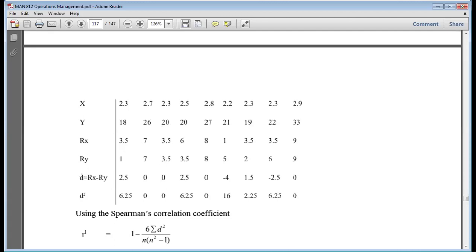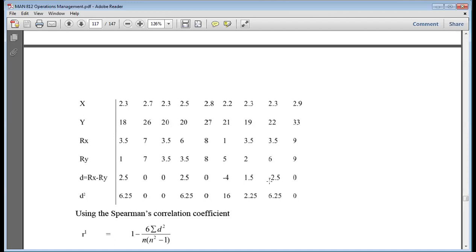The next thing you now do is the d, which is the difference of rank X and rank Y, which means subtracting. 9 minus 9 will be 0. Are you getting it? Then you say 3.5 minus 6. You know 6 is greater than 3.5.